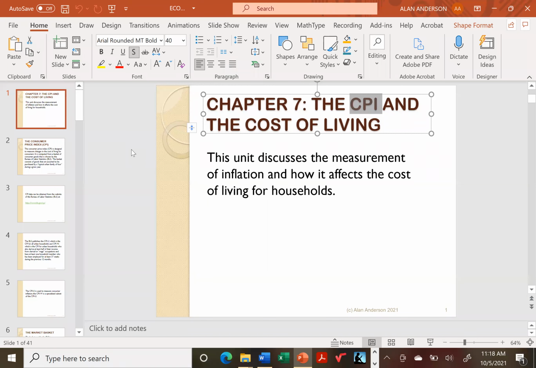For example, the price of crude oil. That doesn't get counted in our CPI because people don't buy it directly. They buy gasoline, which has been refined. So there's multiple measures of inflation, but this is the most popular one, the CPI, again, because it refers directly to the cost of living for consumers.